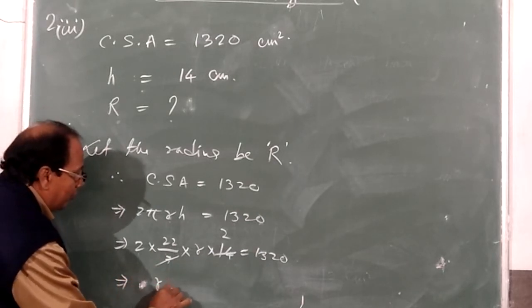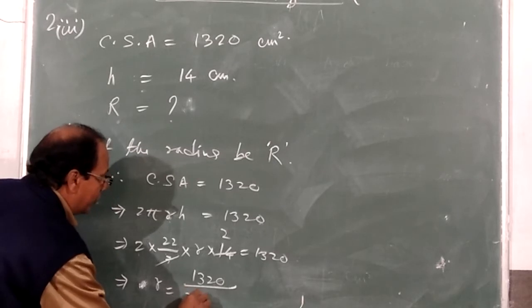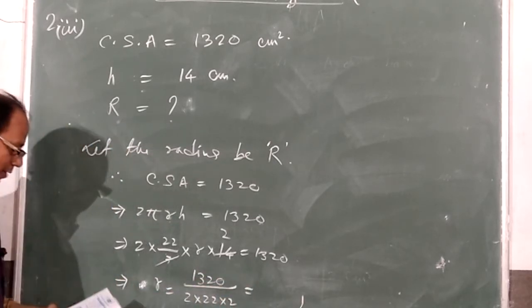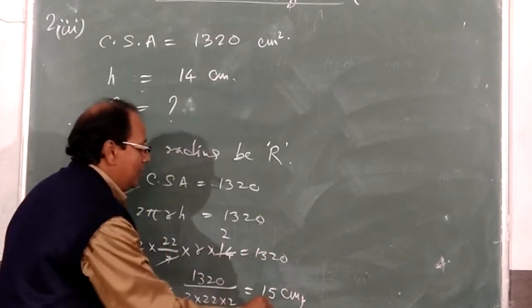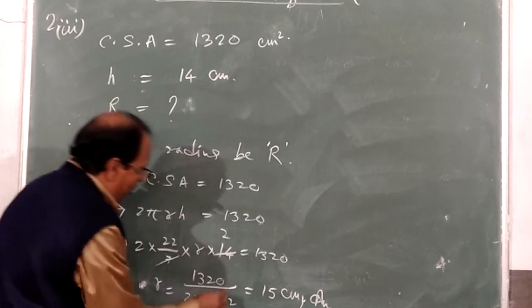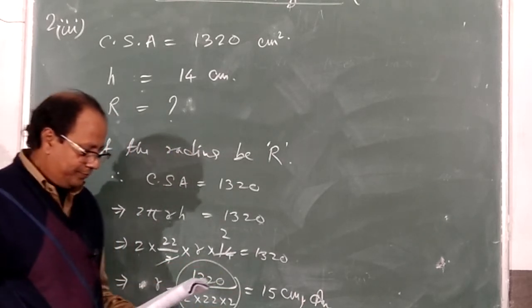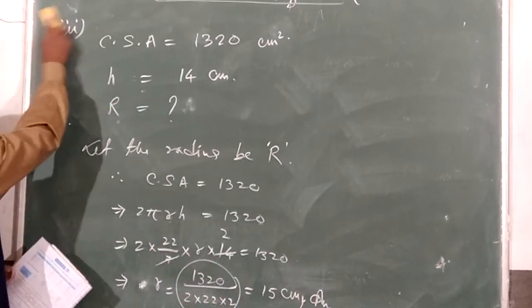Now r is equal to 1320 upon 2 into 22 into 2. If you calculate, you will get the value 15 centimeter. Okay, so this is your answer, and all of you know the calculation, so I am not saying the calculation here, right? Now I go for question number 4.